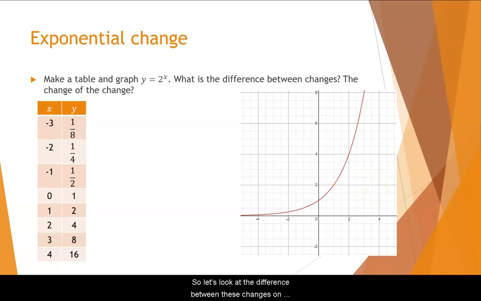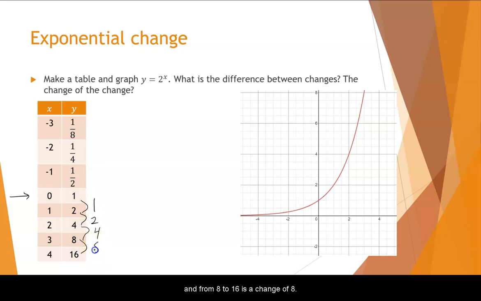So let's look at the differences between these changes on this table that we built. This might be a little bit weird with the fractions. We could do it with the fractions, but let's start at the whole number, from x equals 0 on. I see the change from 1 to 2 is a change of 1. From 2 to 4 is a change of 2. From 4 to 8 is a change of 4.